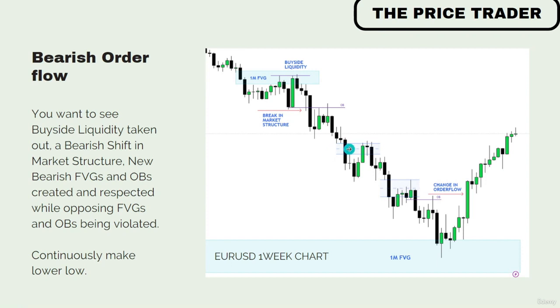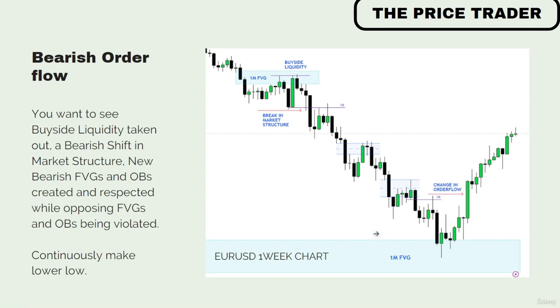It will continuously take out lows like this one. It will continuously take out lows and create new imbalances and new order blocks. So we are seeing new imbalances being respected, new order blocks being respected, like here. This is another imbalance, this is another order block. So once it hits, you are not going to be sure if this market will respect that monthly fair value gap or not.